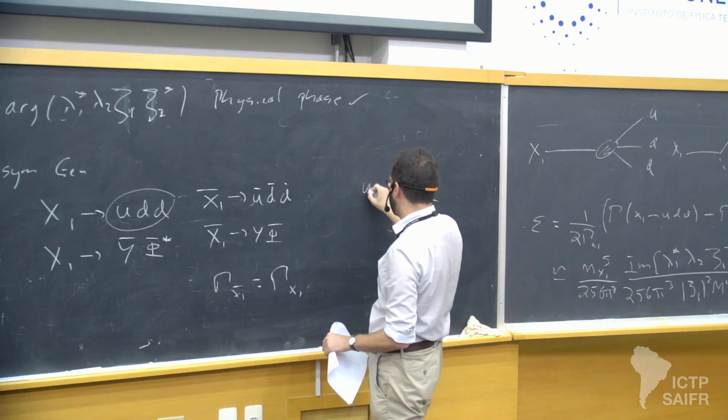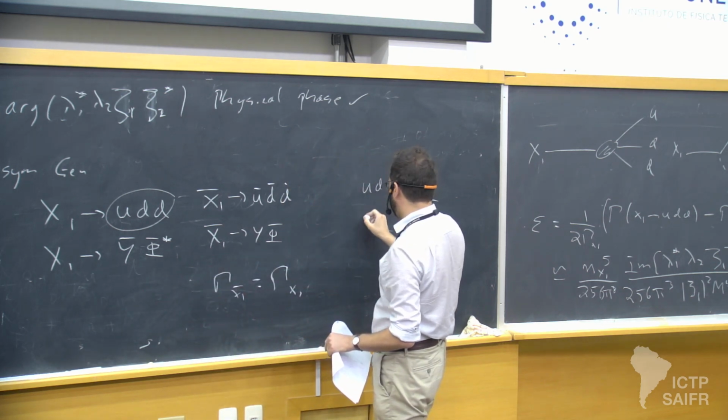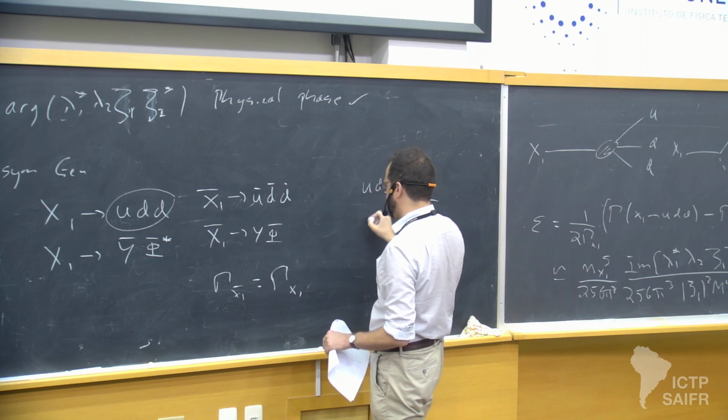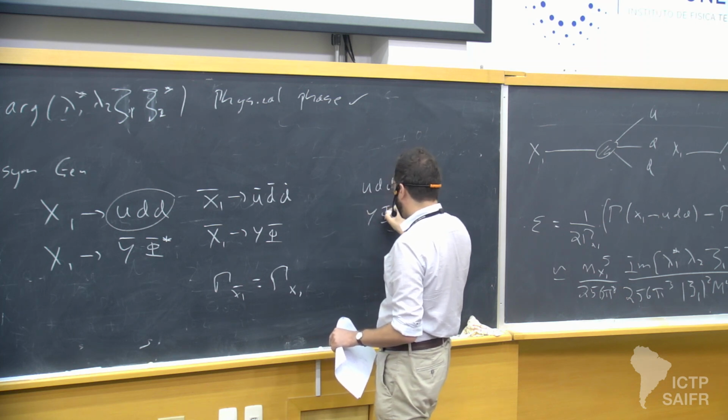So you create some net UDD and net Y phi, okay?